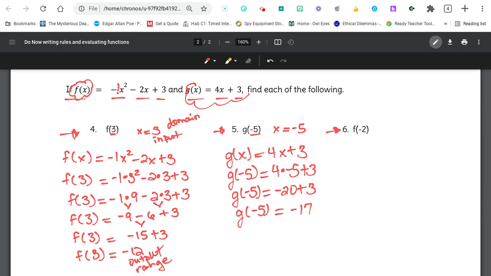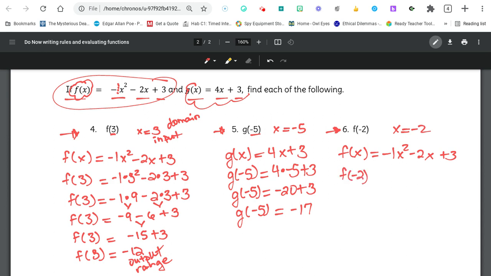All right, so it says f of negative 2. So I'm going to go back to this function. Write it down. Put your negative 1, your leading coefficient of negative 1. Use an x of negative 2. Everywhere you see an x, replace it with negative 2. All right. Take care of your exponent first. Negative 2 squared is simply negative 2 times negative 2, which is positive 4.